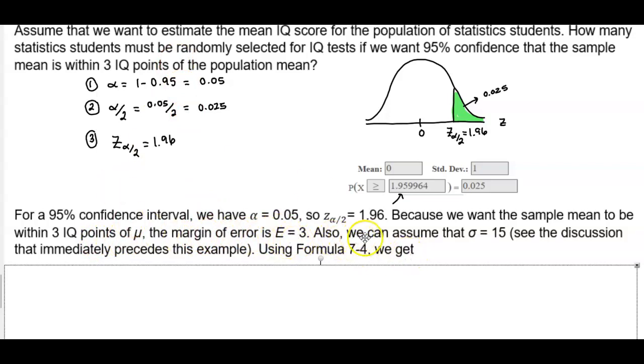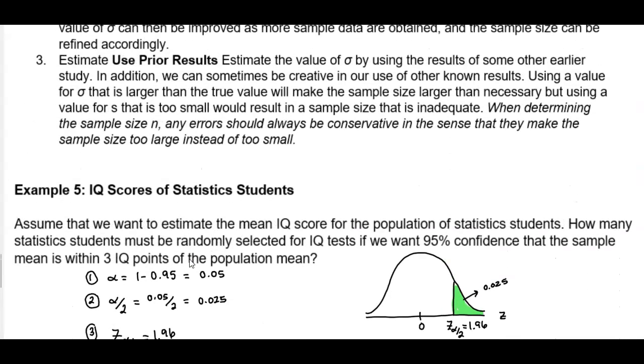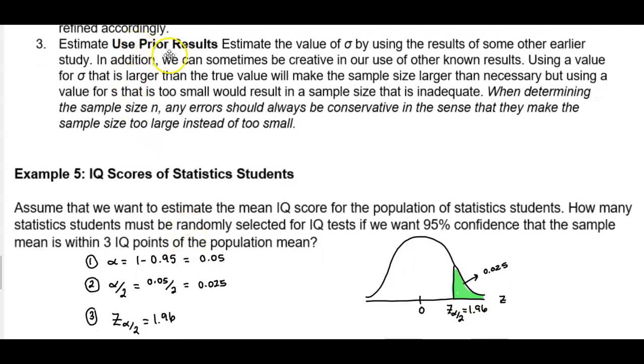Now also, this is very important where it says we can assume that the population standard deviation is 15. It says, see the discussion that immediately precedes this example. Well, if we take a look up here, it says estimate, use prior results. You estimate the value of the population standard deviation by using the results of some other earlier study. So in addition, we can sometimes be creative in our use of other known results.